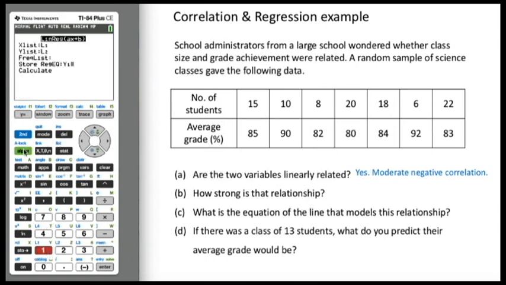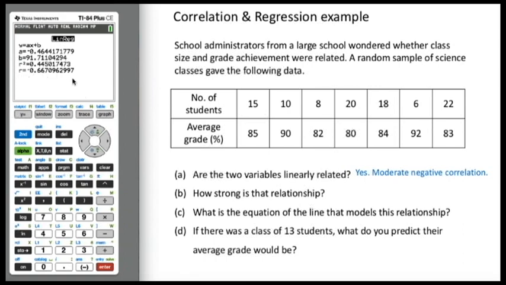The quick way to do it is press F4, which is alpha trace, and you can pick your y variables there, y1. I'll show you what this means in a second. If you need to see this, just rewind the video and watch it again. Okay, then we enter to calculate, enter, and here is our information.